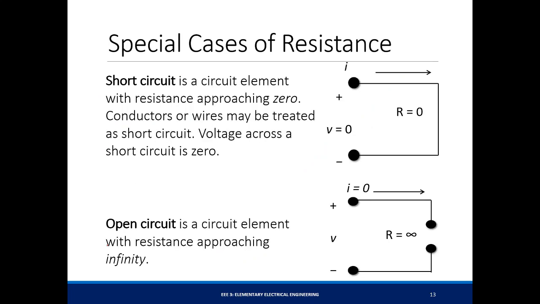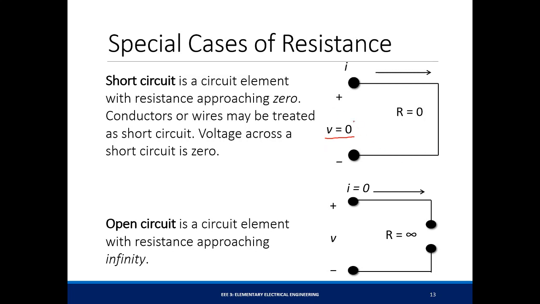So some special cases of resistance. A short circuit is a circuit element with resistance equal to zero. If the resistance is zero, it should not have any voltage at all. Any current can pass through, its voltage is still zero.